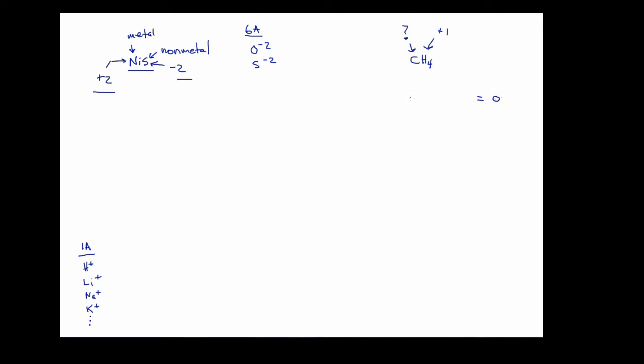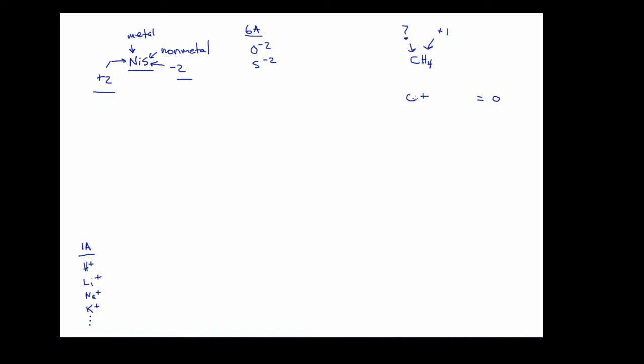And then I'm going to let carbon be the unknown, so I'll just use its atomic symbol. And then we're going to be adding whatever the charge is, and I'm using the word charge liberally because I think one of the issues with learning this material for students is really wrapping their mind around this term oxidation state. So it's legitimate to consider oxidation state as being a theoretical charge.